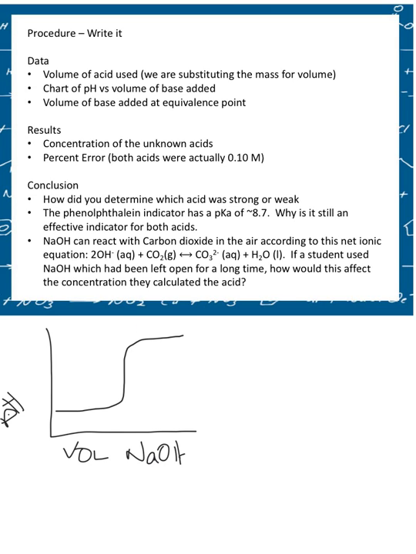But that doesn't really matter because what we do have is the equivalence point. And we got that because after this point, our solution would have turned pink, whereas before it was clear. And so that was how we determined the equivalence point. And so you're going to record the volume at this point, and that's the volume that we need.